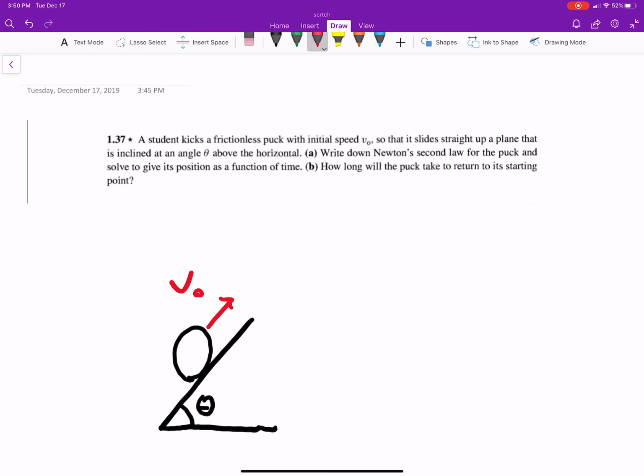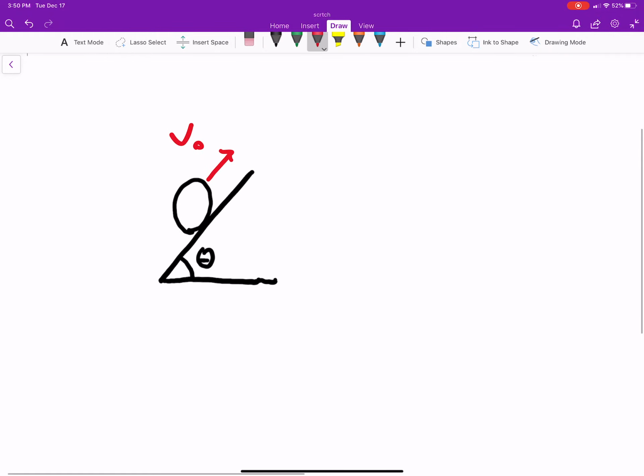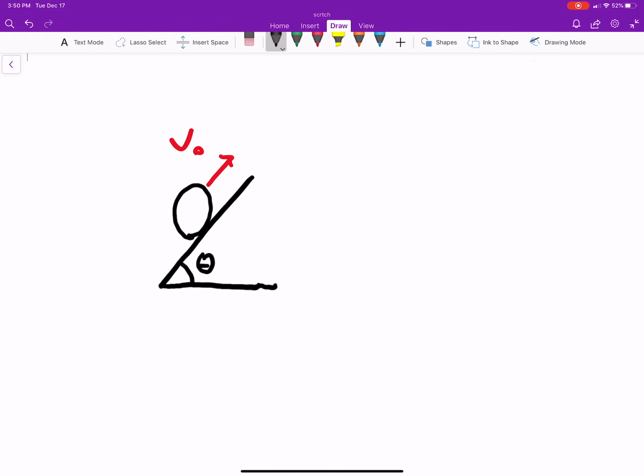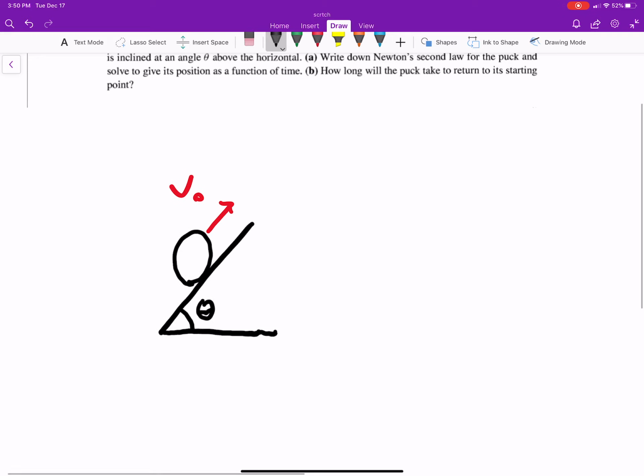Okay, so I went ahead and drew, to the best of my ability, a ball going up a ramp at a speed v0 with an angle of the incline theta. Let's start by thinking of our coordinate system like this, where this is our x and this is our y.